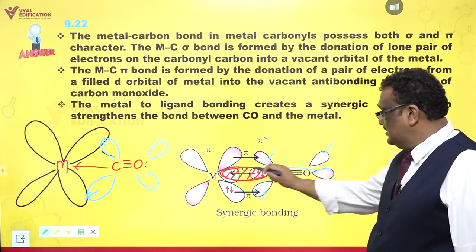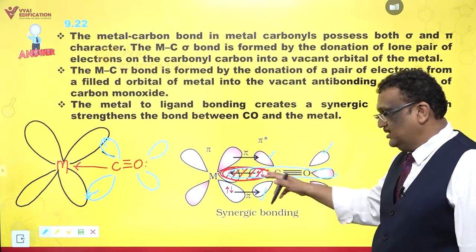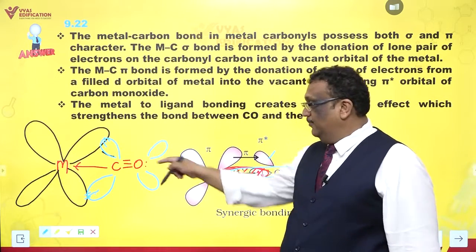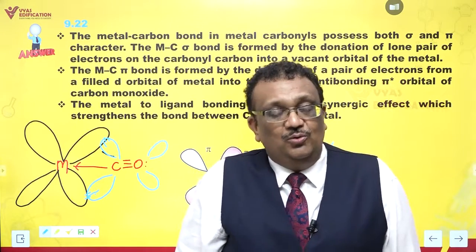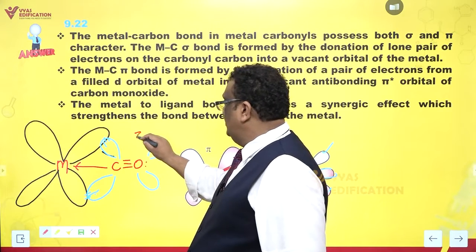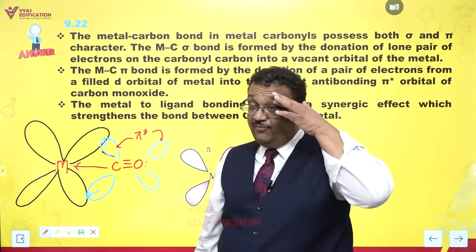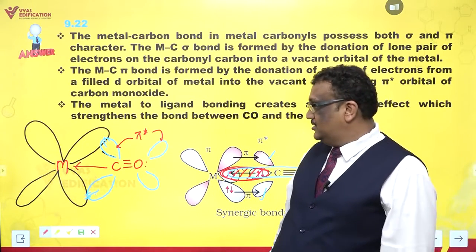This portion is a sigma bond, this is a lone pair, I am just not mentioning them. The blue ones are 4 lobes of pi star CO. What is pi star CO? It is an anti-bonding orbital. Are there 4 orbitals? No, there is only one orbital which has 4 lobes like this.